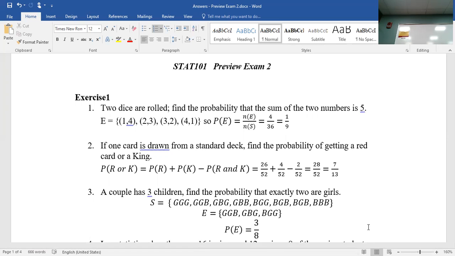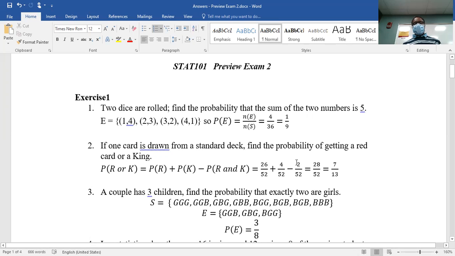Now, if 1 card is drawn from a standard deck, find the probability of getting a red card or a king. So this is probability of red or king. Using the addition rule for probability, it is probability of red plus probability of king, minus probability of red and king. How many cards are red? 26. How many are kings? 4.